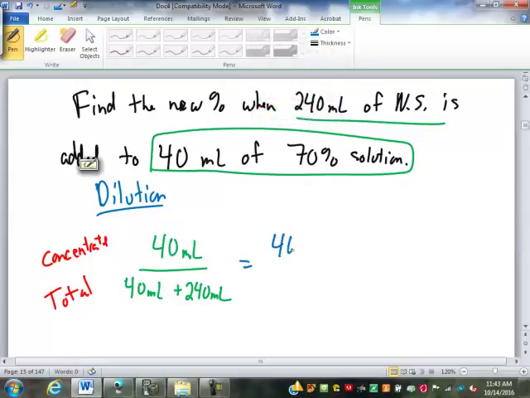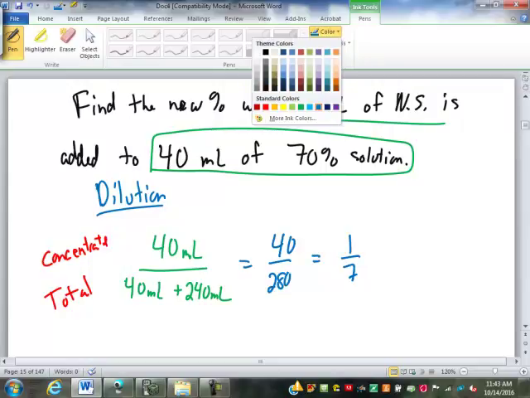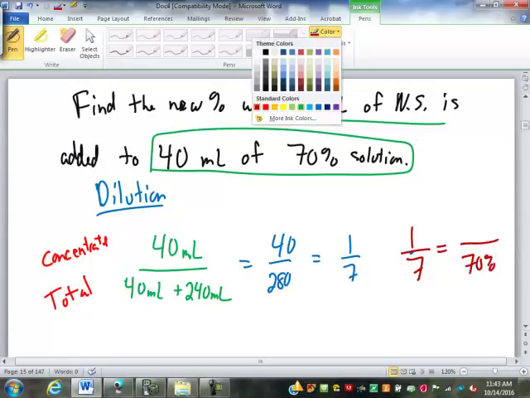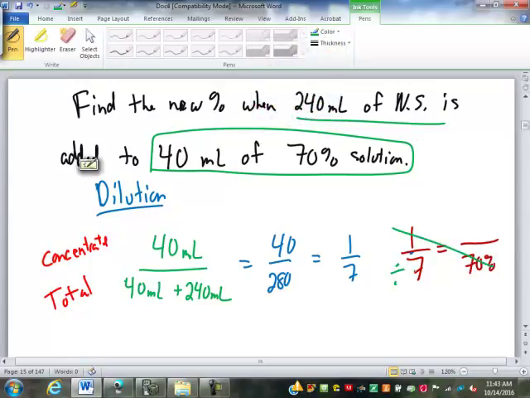Which gives us 40 over 280, which reduces to a 1 in 7 dilution. Once we have that as a 1 in 7 dilution, we can set up our proportion. Where's the 70% going to go? On bottom. So we don't really need to cross multiply and divide, but we'll find that that is 10% if we do it. Any questions?